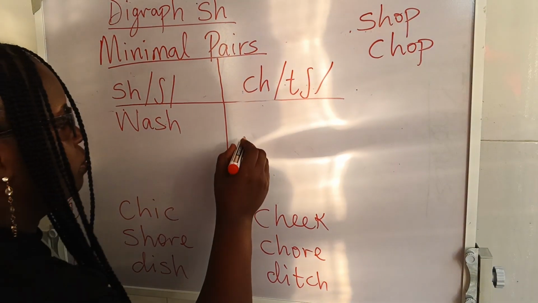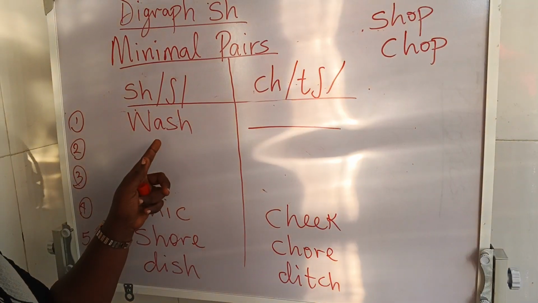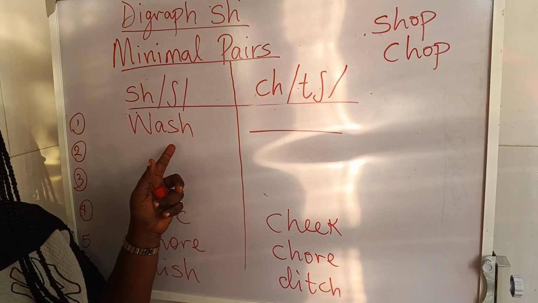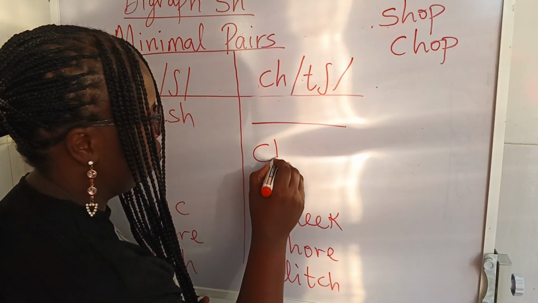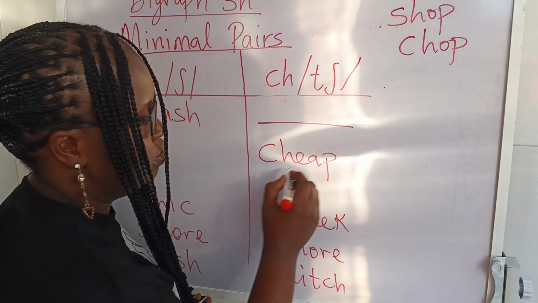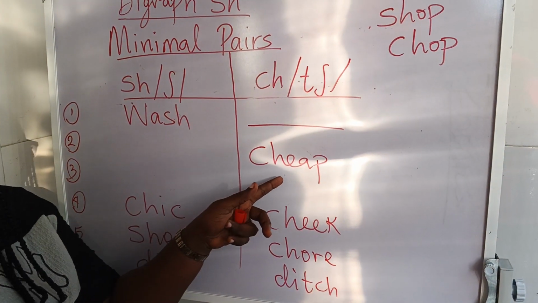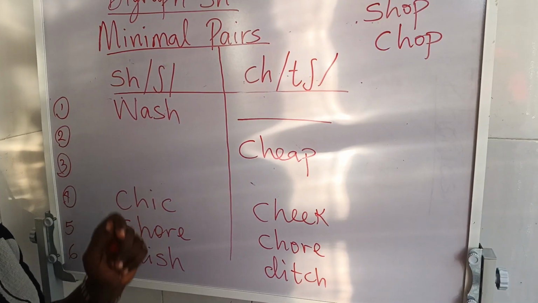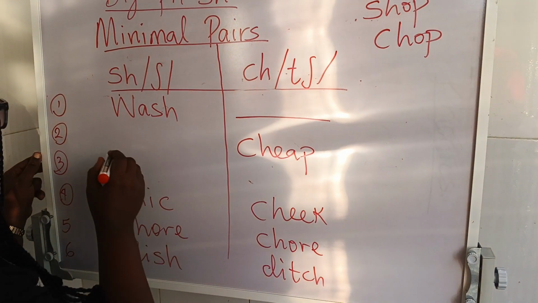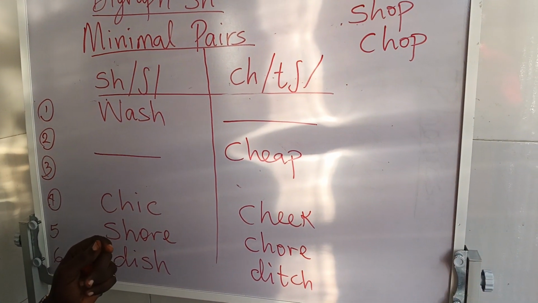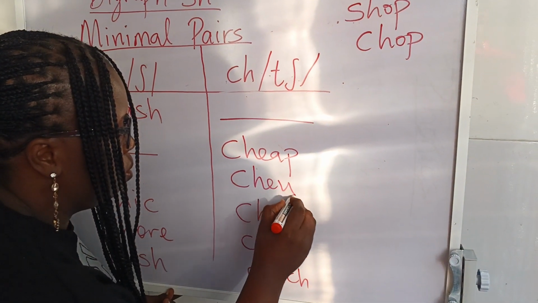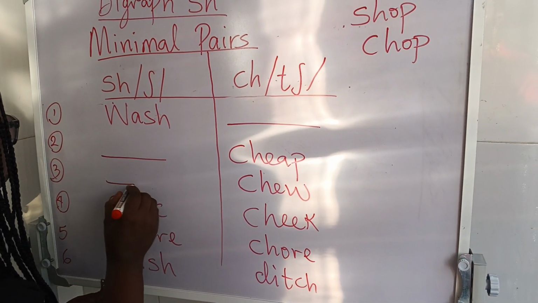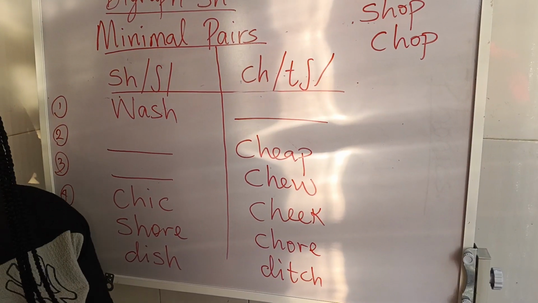What's the minimal pair for wash? Let's look at this one. Cheap. What will be the minimal pair for cheap? Chew. To chew something. What will be the minimal pair for chew?